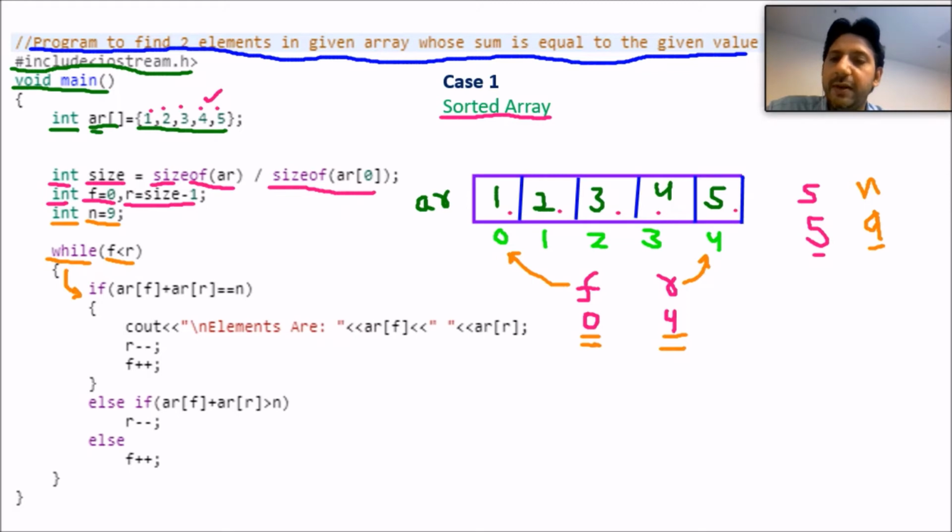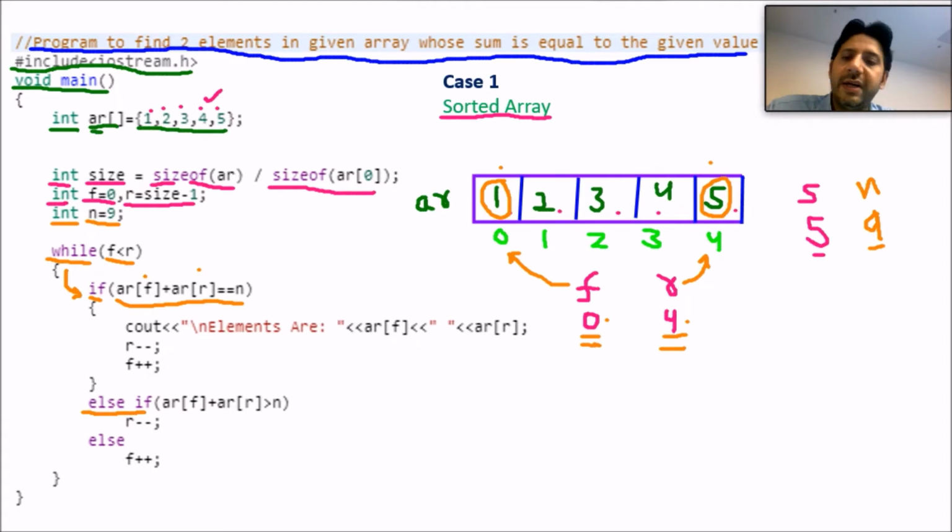Now it is saying if ar[f] plus ar[r] equal to n. So ar[f], that means ar[0], which is 1, and ar[r], that means ar[4], which is 5. So 1 plus 5 is equal to 6, but not 9. This will not run. It will come down to the else if part.